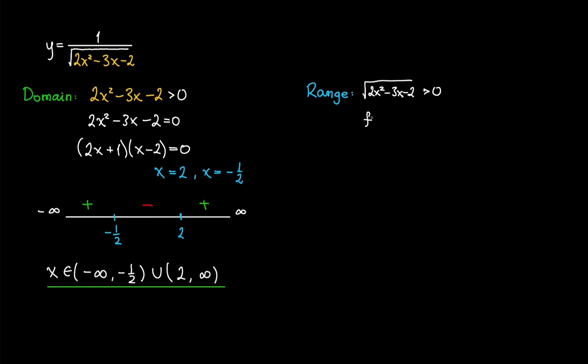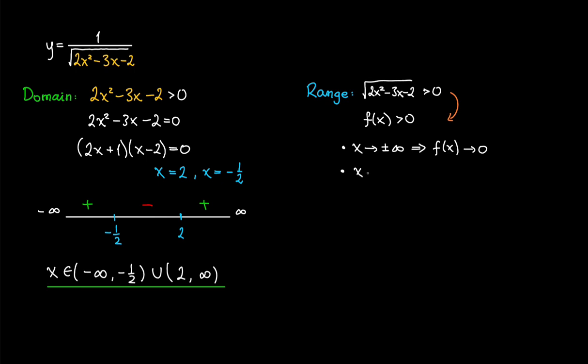As a result, this function f of x is always going to be greater than 0 because we're always dividing by a positive number. Now, 2 things to observe here is as x approaches plus minus infinity, which is actually incorporated in our domain, the function itself is actually going to start approaching 0.